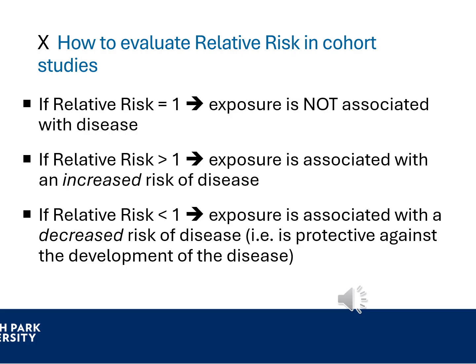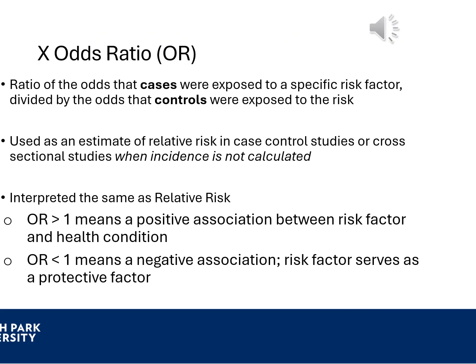Moving now from relative risk to odds ratios, which are used in case control and cross-sectional studies. I think what a cross-sectional study is is pretty clear, but remember how we set up a case control study. At the very beginning, we determine what the outcome is that we want to study, such as congestive heart failure or spontaneous abortion.